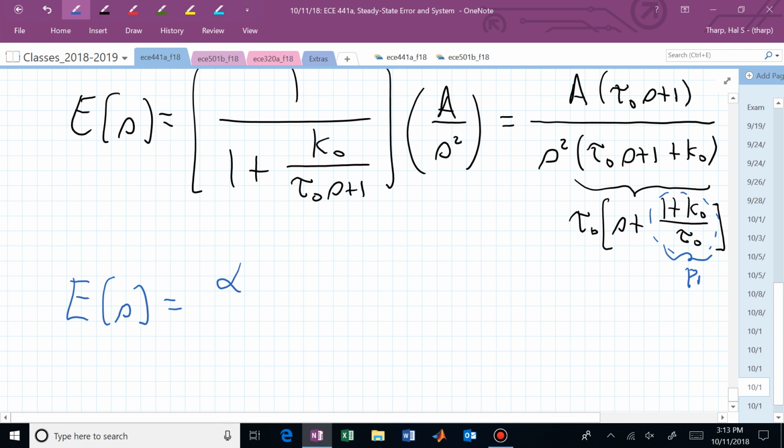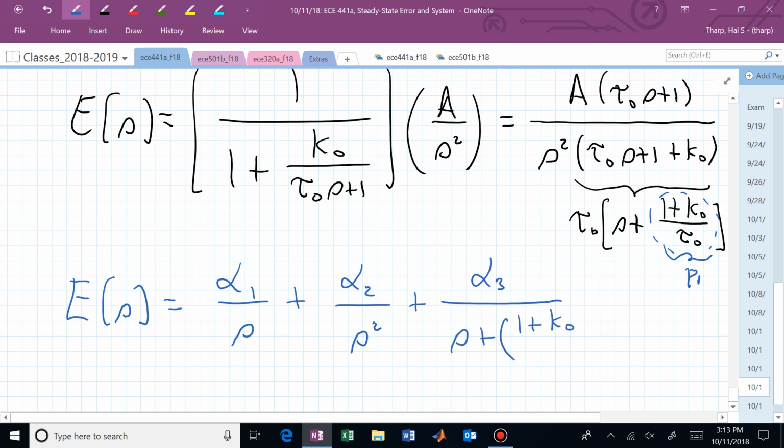So for the partial fraction expansion, I have alpha 1 over s, alpha 2 over s squared, plus alpha 3 over s plus that pole location, 1 plus k sub 0 over tau sub 0.